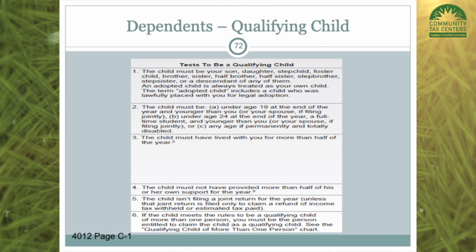So you'll see for number 2, there are 3 criteria under age. So it's under the age of 18, under the age of 24 if they're a full-time student, or if they're permanently and totally disabled, there is no age requirement. And so what they'll say is they have to be younger than you or your spouse if filing jointly.